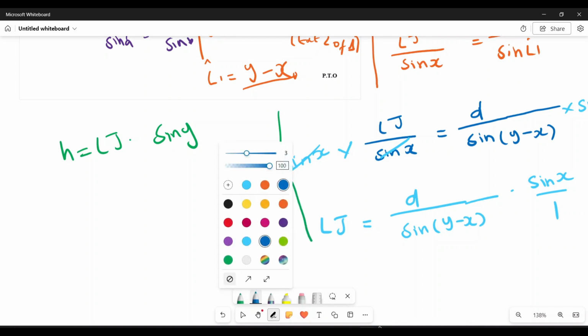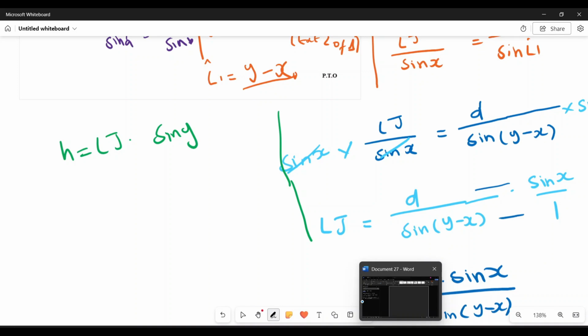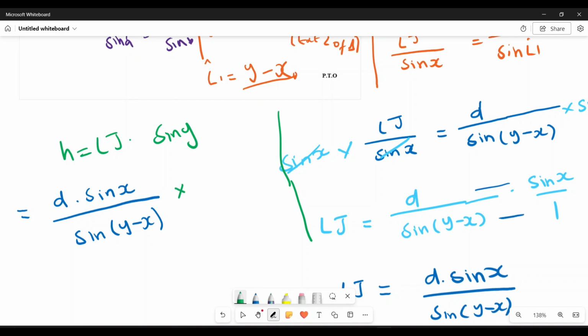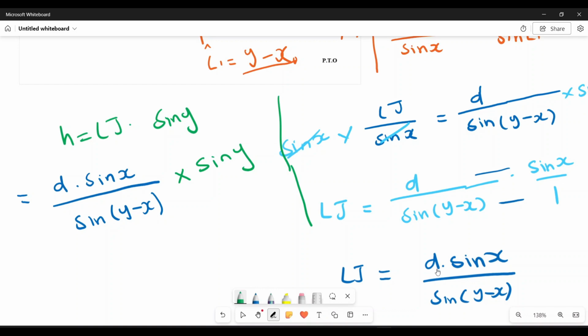To simplify further, you can multiply numerator by numerator, denominator by denominator, so that your LJ is equal to D multiplied by sine X all over sine of Y minus X. Substituting here, my H would be equal to my LJ, which is D multiplied by sine X all over sine of Y minus X, and all this is multiplied by sine Y. Now let me see what my final answer is.